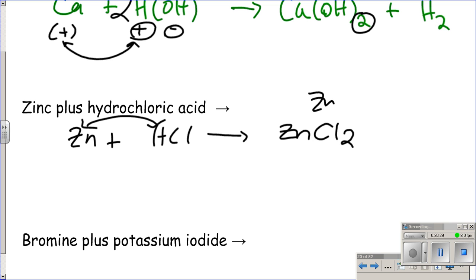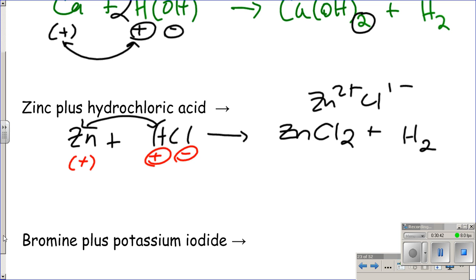So zinc is 2+, chlorine is 1-, crisscross, plus what? Beautiful. Okay, so in your head, you were going, oh, this could be a plus. This literally is a plus. This literally is a minus. Replace your cation with cation. Okay, and then re-crisscross. Balance? 2 from HCl. 2 from HCl. Okay, so this is something that you just assumed could happen, but you know what assuming is?